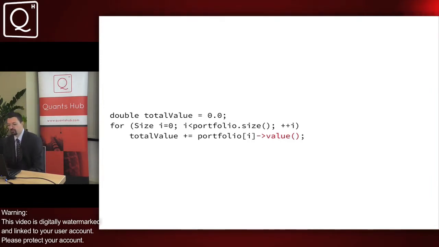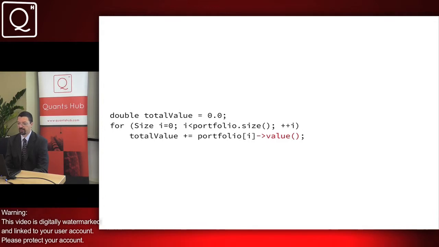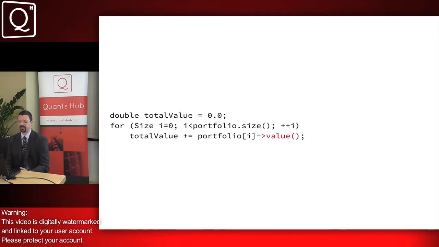And it doesn't take any arguments because if we are to define it in the base instrument class, we have no idea what kind of arguments the instrument is going to require. It could be some kind of equity options, some exotic or simple, could be interest rate instruments, could be anything.